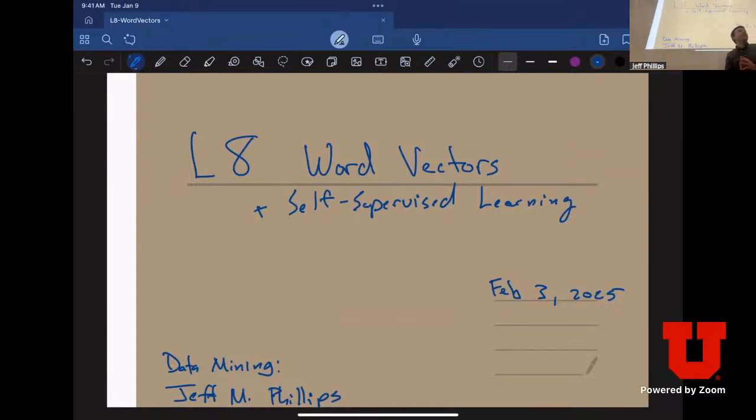Great, so everyone, let's get started. Welcome back. Today we're going to talk about word vector embeddings, which are a really interesting, exemplar sort of data set, where there was a large revolution in how we're able to process and understand language.